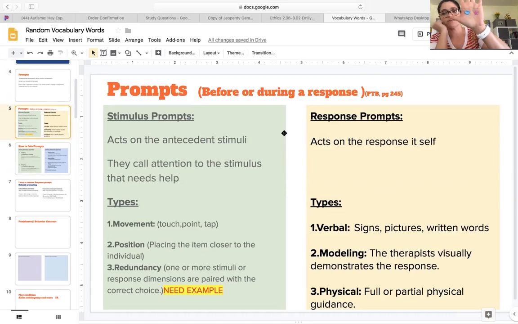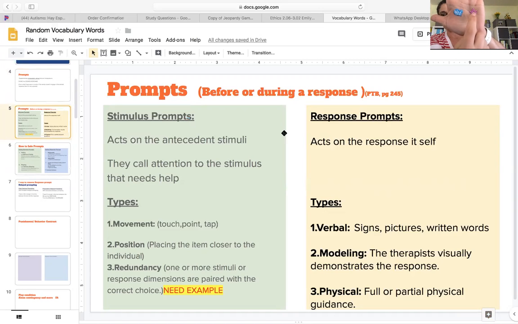What am I touching? I am touching the stimulus. So that is a stimulus prompt. I got it. I matched it correctly. Awesome.